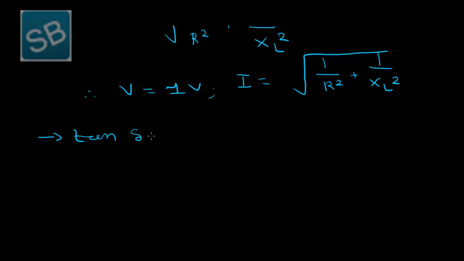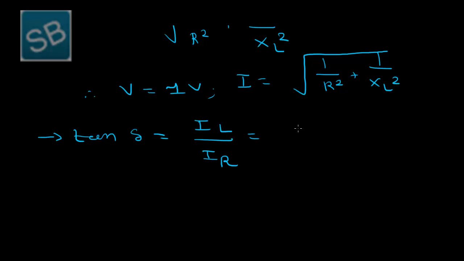For that I am considering the equation tan delta is equal to the vertical component. Here the vertical component is on the negative y-axis, which is IL, divided by IR.